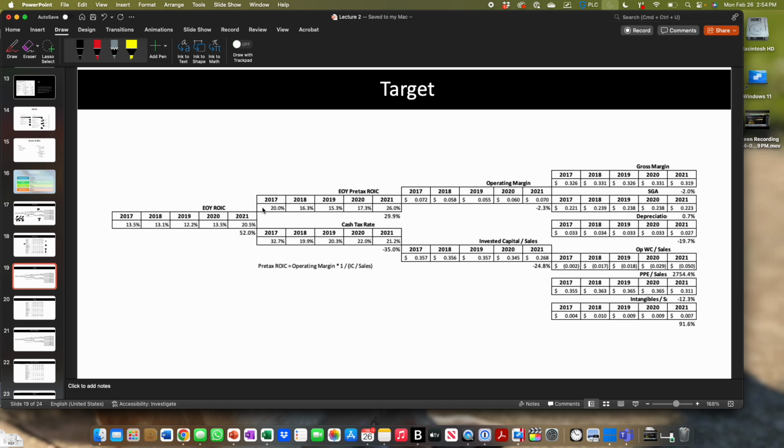Versus the 2% change in gross margin from 32.6 to 31.9, because it's a much bigger number, that smaller percent change had a bigger impact on what happened with Target than that gigantic change in the lint in your dryer of the intangibles to sales. So just be careful about percentage changes when you go through this analysis. Don't build your entire analysis on percentage change.